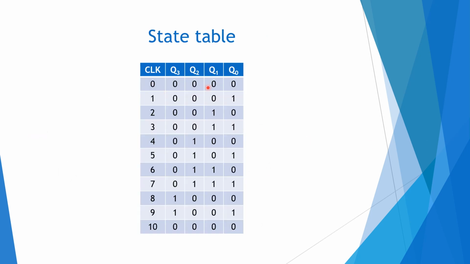So this is the state table. It goes on counting 0, 1, 2, 3, 4, 5, 6, 7, 8, 9, and then when it reaches 1010, it suddenly clears, and the next state will be 0000. And that's the logic behind the mode 10 asynchronous counter.